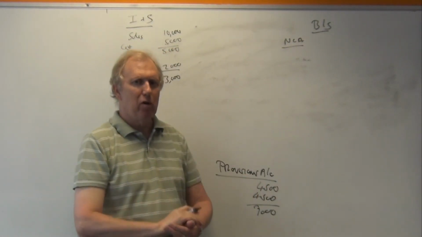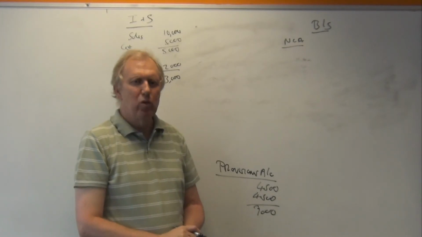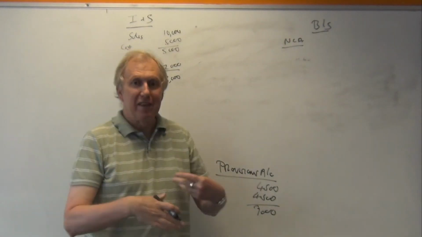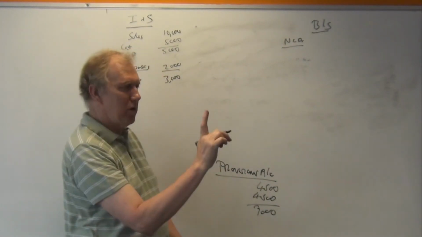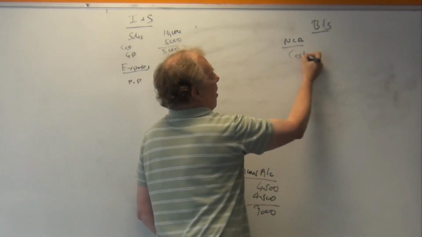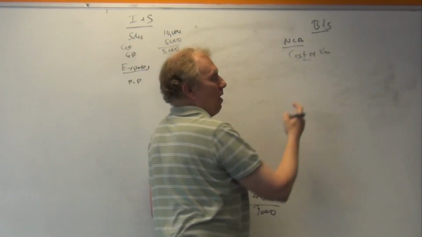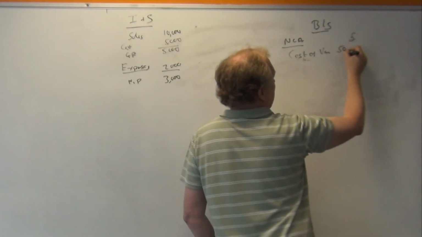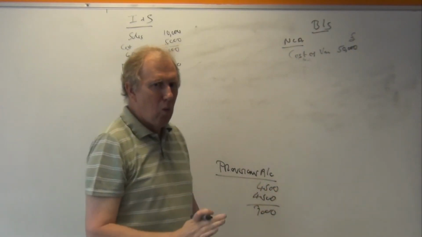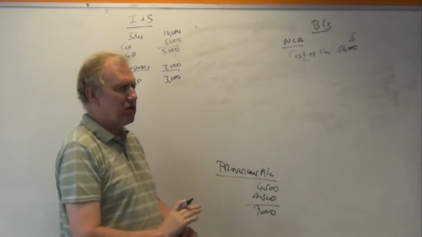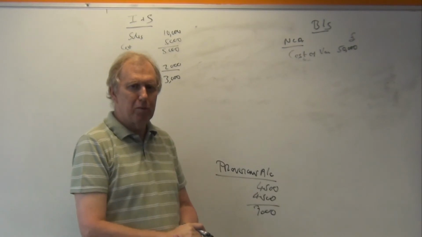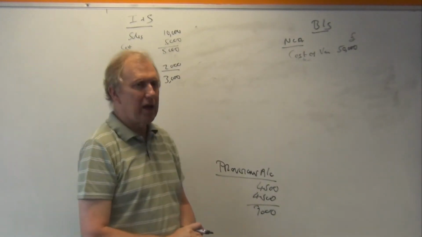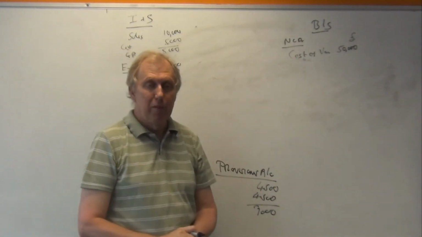Remember, we said in year one, we went out and we spent £50,000 on a delivery van. The balance sheet will be done at the end of the financial year. Cost of van. Well, the cost of the van is £50,000. At the end of the year, I had to take £4,500 off for depreciation. I've recorded that in my income statement, but I also have to record it in my balance sheet.